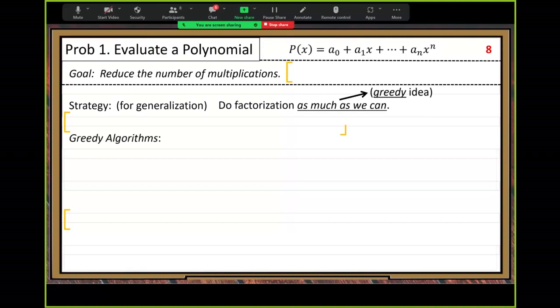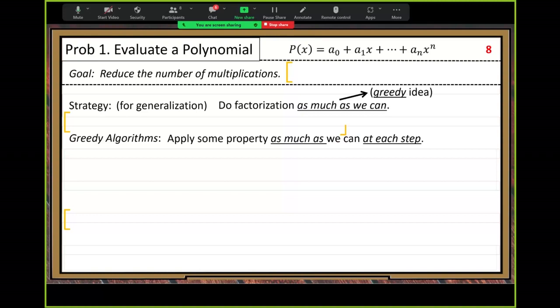So what's the greedy algorithm? We apply some property as much as we can at each step. That's the meaning of the greedy algorithm. In this example, we apply factorization property as much as we can at each step.